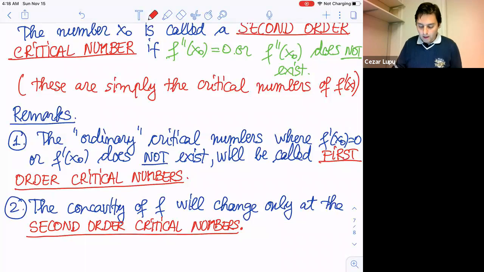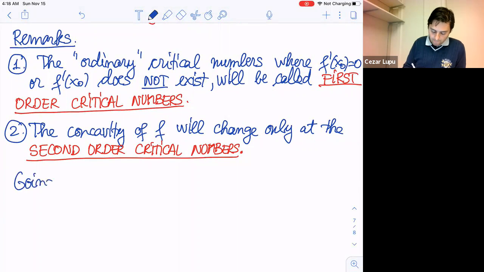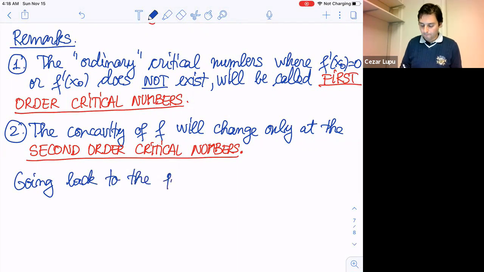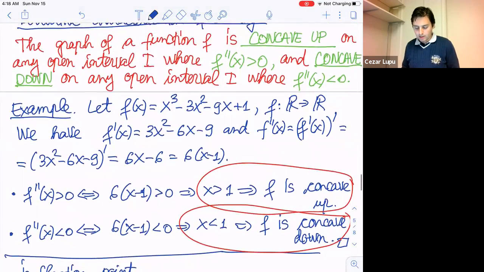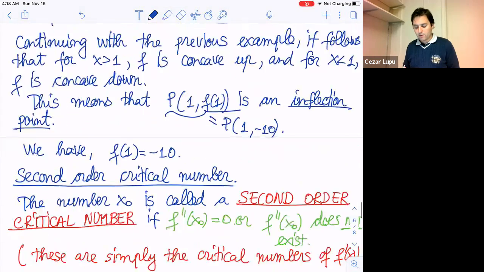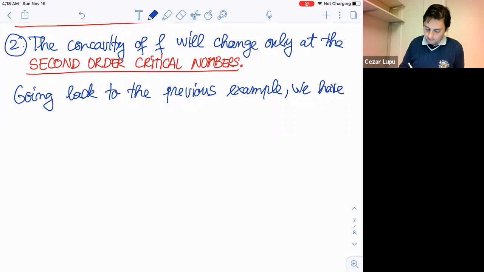All right, now let's continue with our example. Going back to the previous example, remember the second derivative of x was 6 times x minus 1.